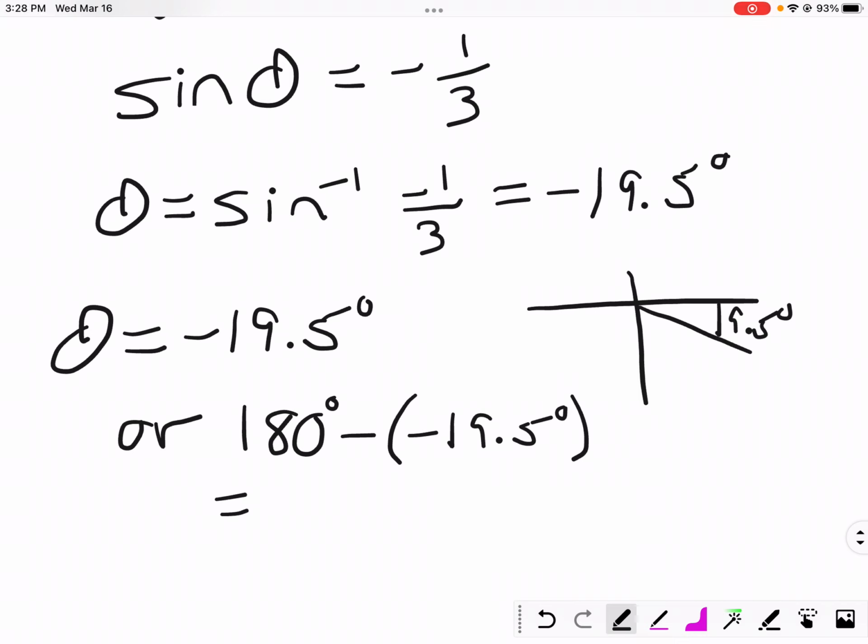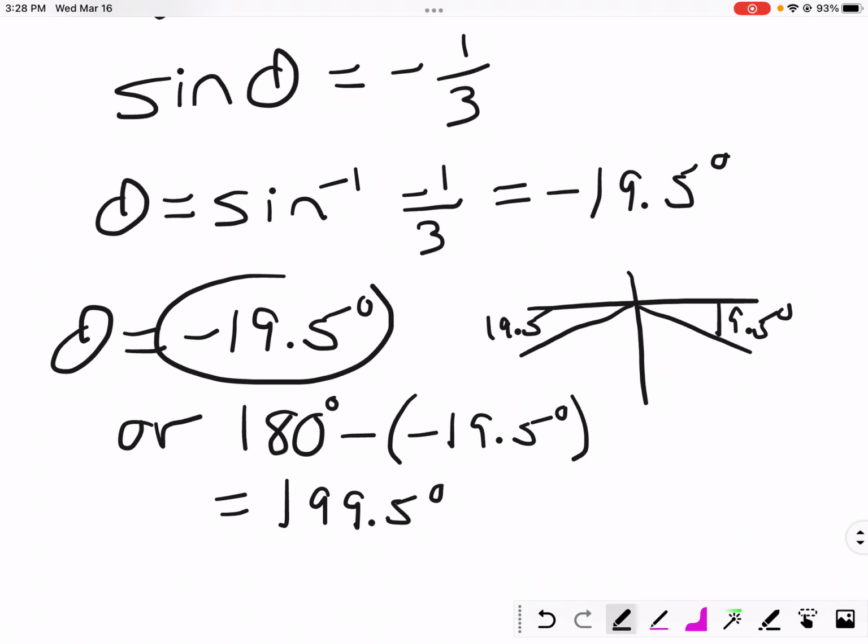And that one is going to be 199.5 degrees. And that is over there. Or the angle in between the axis and the line is, again, 19.5 degrees.